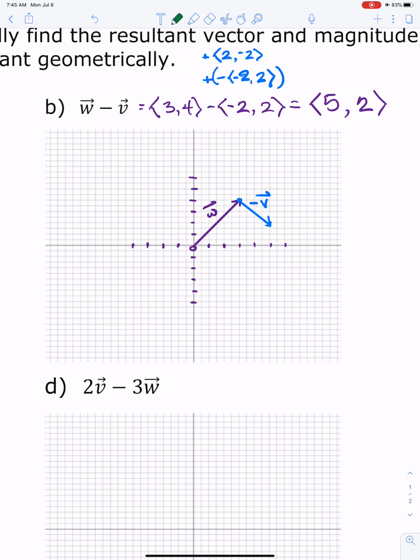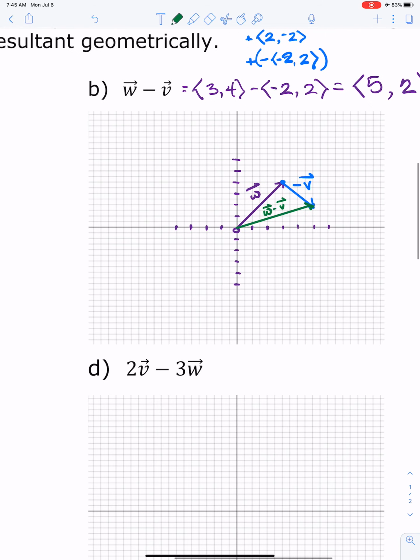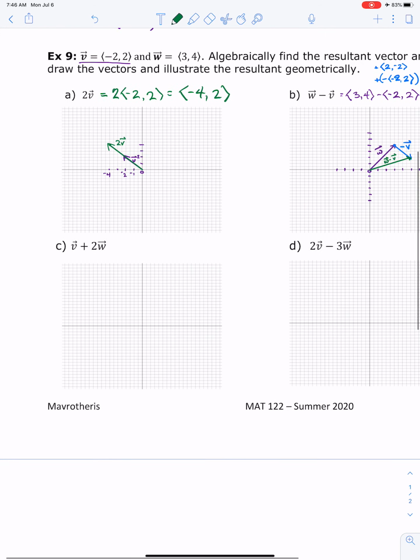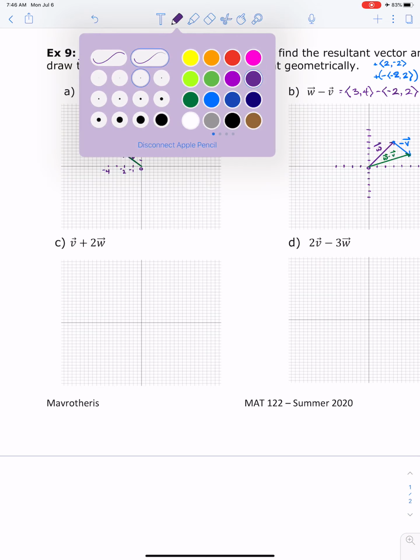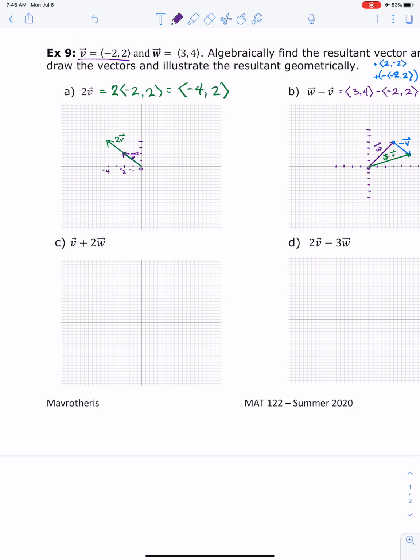And when I add those, w plus negative v, I get this vector, w minus v, 1, 2, 3, 4, 5, up 1, 2. So that's exactly what we just got. Okay, on to C. I've got v plus 2w.